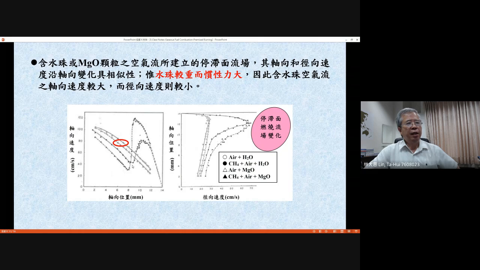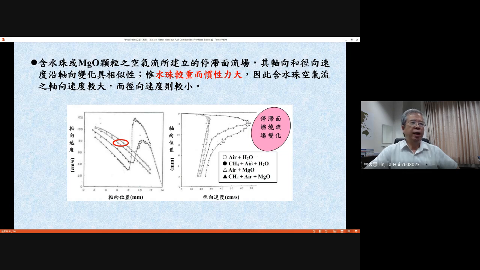But you can see the axial velocity for the magnesium oxide is relatively smaller compared with that for the water particles. The reason is that the water particle has a large size and a larger momentum, so it cannot follow the gaseous flow.